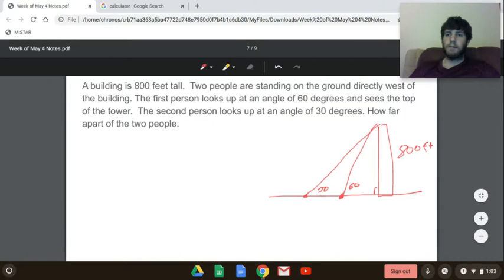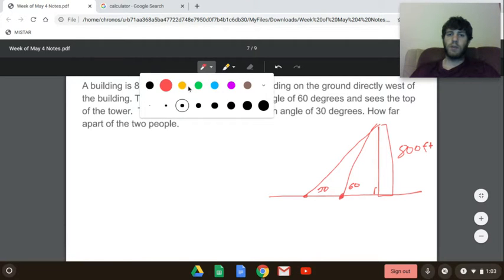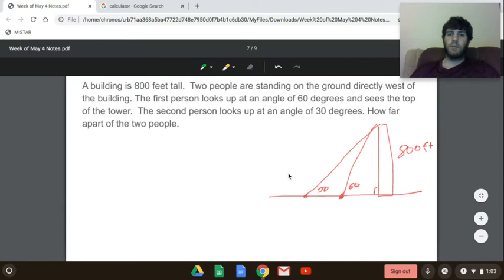Draw your diagram. In this case, we have multiple triangles, so I think it's always a good idea to draw out both triangles. I'm going to do the big one in green. The big one here in green has an angle of 30 degrees. Here's the right angle, and it's 800 feet tall.